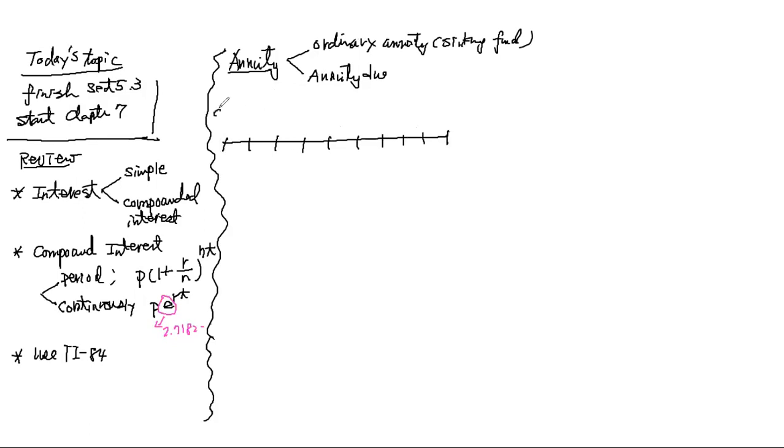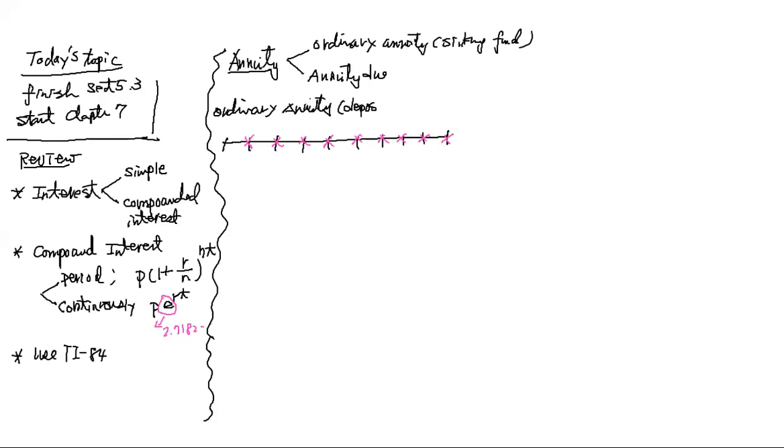For the ordinary annuity, you deposit at the end. Like at the end of every period, at the end of every quarter, you deposit some money.